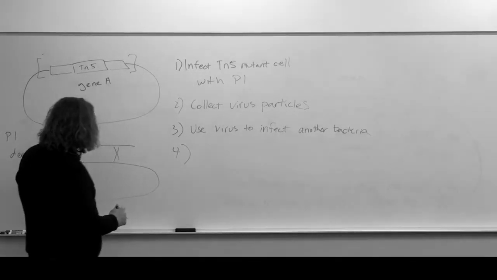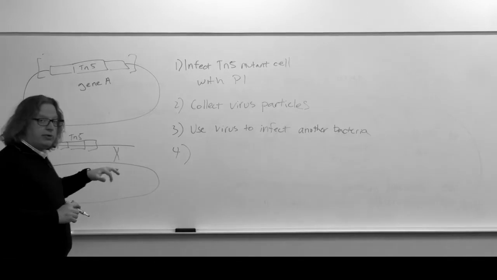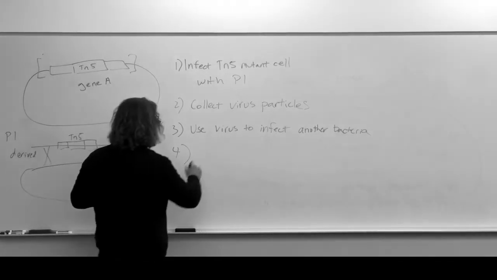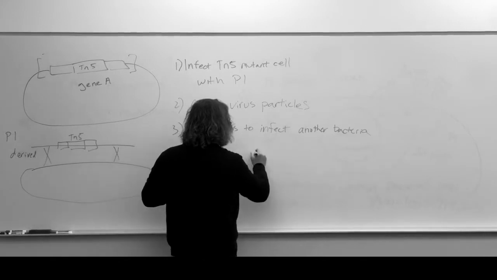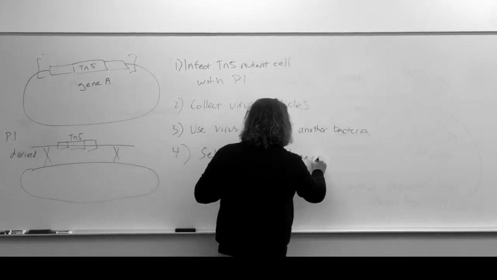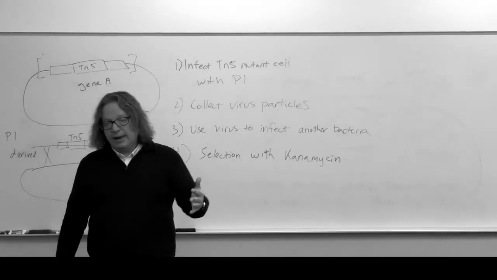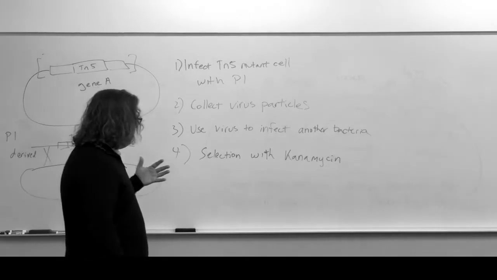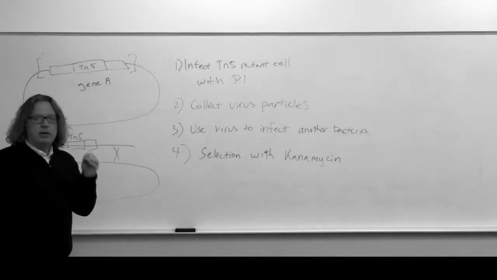And you can actually select for the presence of TN5 integrated into the target cell by selection with kanamycin. So TN5 carries the kanamycin resistance gene, and we can select for this event by simply selecting with kanamycin.